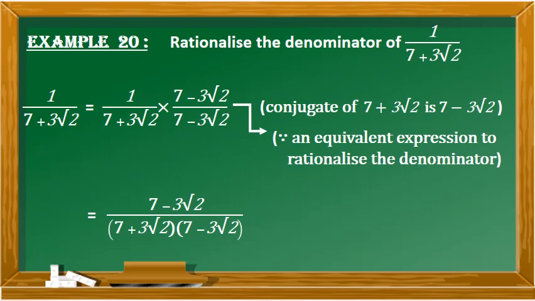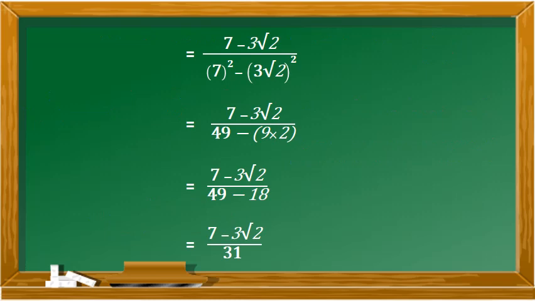Which is nothing but a square minus b square. Now you can see here, it becomes 7 minus 3 root 2 by (7 square minus 3 root 2 the whole square), because (a minus b) into (a plus b) is a square minus b square. Again, it derives as 7 minus 3 root 2 by (7 square is 49, minus 3 square is 9, into root 2 square is 2).